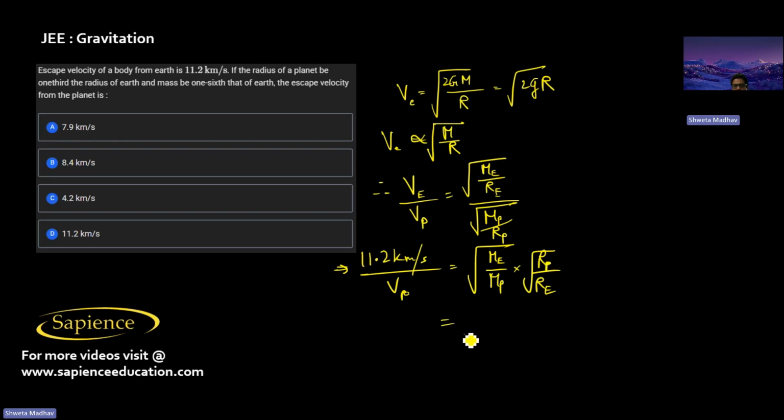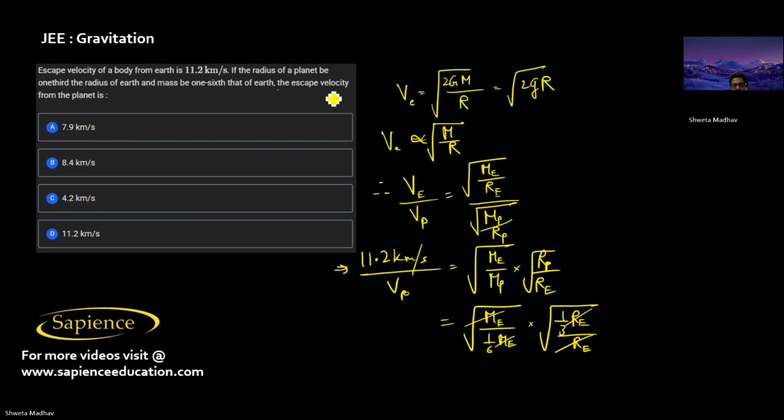So that is square root of mass of the Earth divided by the mass of the planet, which is 1/6 of Me, into the radius of the planet, which is 1/3 of the radius of Earth, so it is 1/3 times Re divided by Rp. So Re will cancel, Me will cancel.